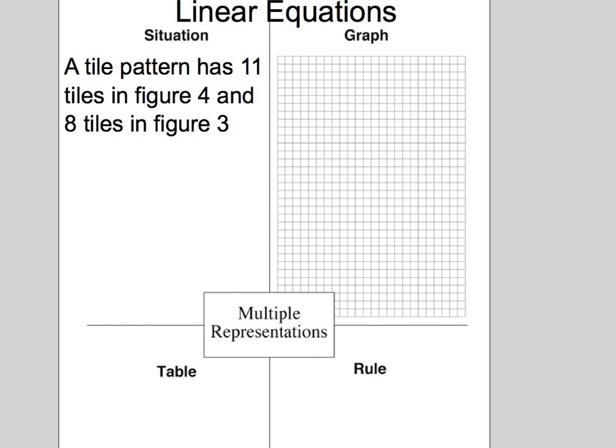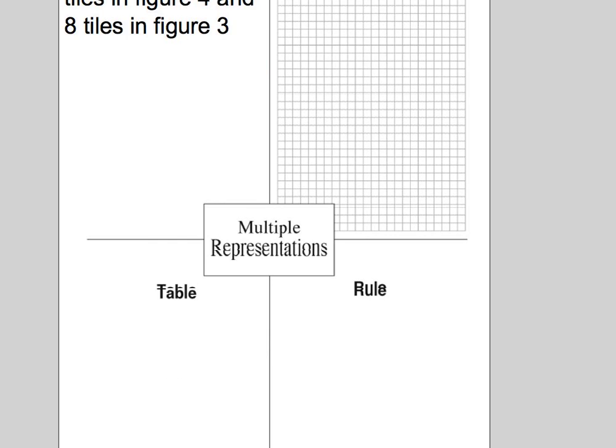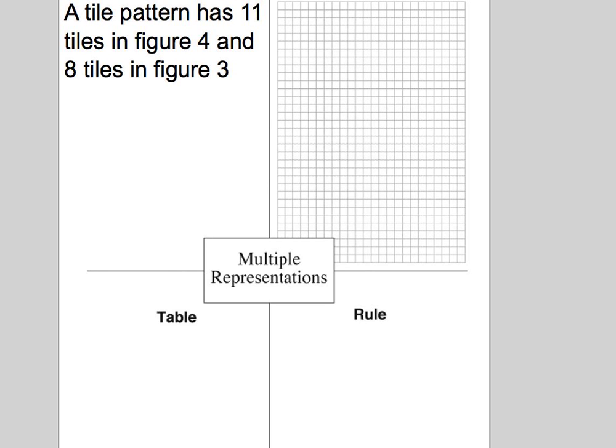So let's start with a table. Our table has X and Y, of course. And one thing you hopefully were recently learning is that X is the independent variable. And remember, that means that it does not depend on anybody.